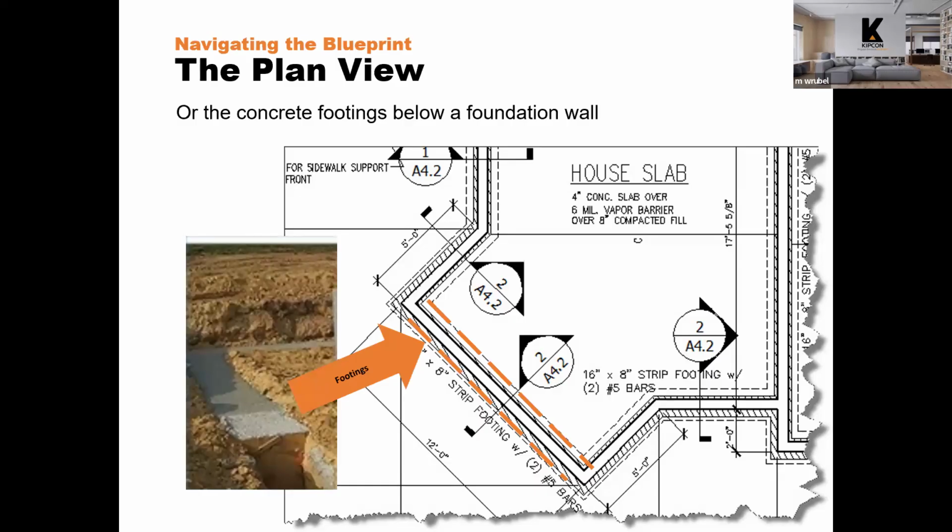This is just a little example showing, as I mentioned, this wider area underneath the foundation wall, showing how wide they need to be. And on the left-hand side, you see where those footings are actually being constructed in the field. If you have an engineer who's doing contract administration, in other words, coming out to the site to compare what is being built to the plan set, they might look at something like this.